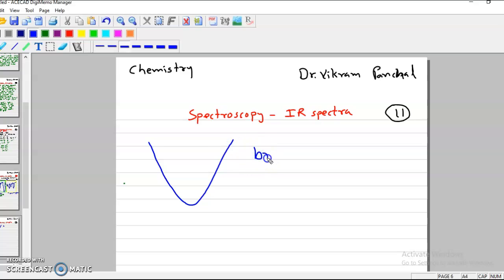So it is called a broad band. Normally a broad band appears because of the interaction of the functional group with others.